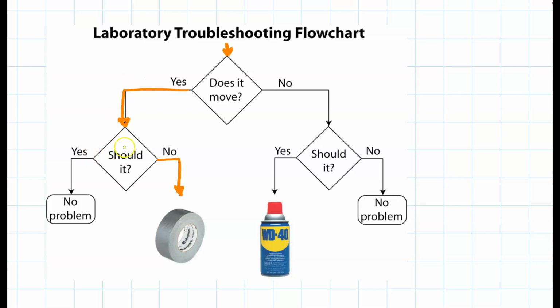If it does move and it should move, then there's no problem. If it does not move and it should not move, no problem. If it does not move and it should move, then we use WD-40. So these are our two solutions here, duct tape and WD-40. Two magical solutions for engineers.